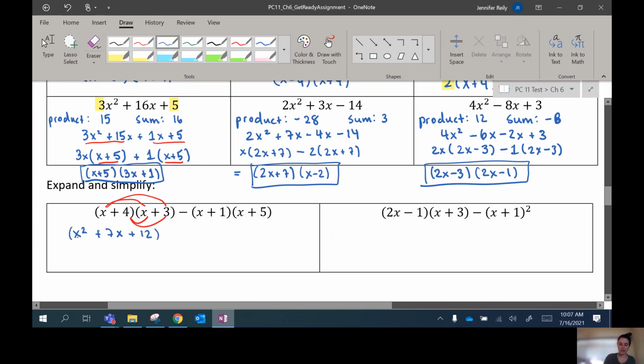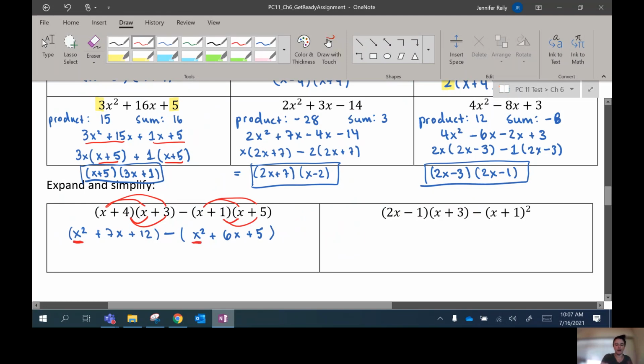So that's our first expansion done. And then I'm going to have minus, and then I'm going to have my second expansion here. So x squared plus 5x plus 1x plus 5. X squared, the middle term would be 5x plus 1x, which is 6x, and then plus 5. Now I want to subtract these entire polynomials from each other, not just the first term of that second polynomial. So let's look at the like terms. I have x squared minus x squared.